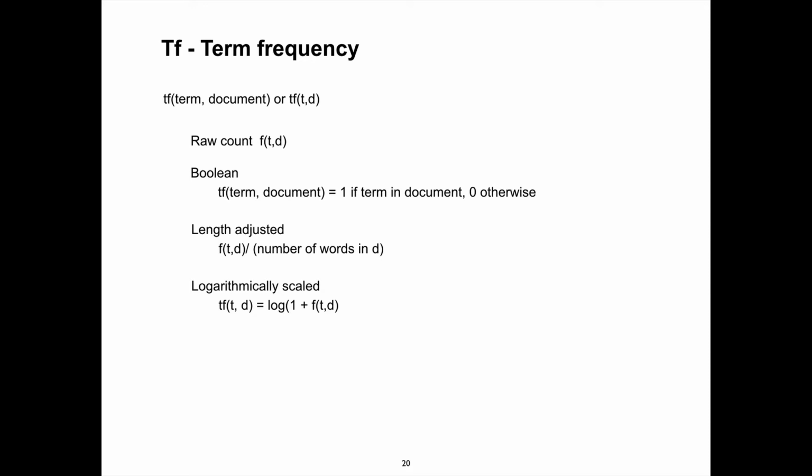Another one is taking the logarithm of that value. So there's lots of different ways of doing this. People have been trying to tweak it to figure out how they can get the best results, and there's no really good theory to explain all the ways they try and tweak it.